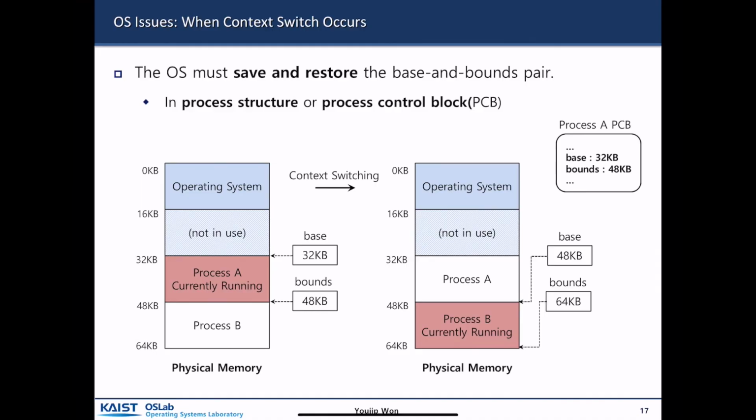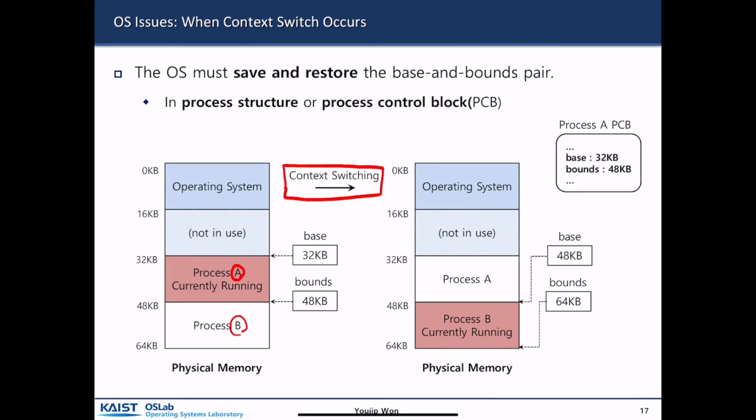Here, there are two processes, process A and process B. At the beginning, process A was running, and the base register value and bound register value were 32 and 48 respectively. Then, after the context switch, the operating system decides to run process B.